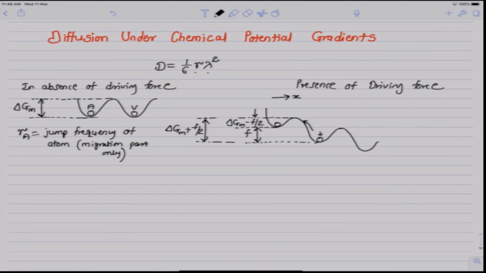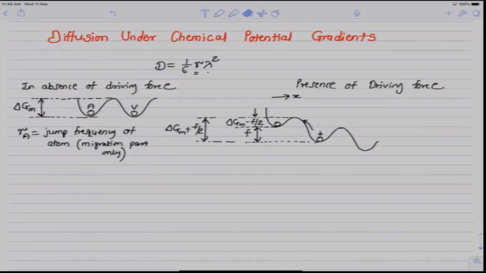As you see, the actual jump frequency gamma will have the migration part as well as the vacancy formation part. In my notation here, gamma A is the jump frequency which includes only the migration part, in the absence of any driving force. When there is a driving force present, the forward jump frequency, let us call it gamma plus, will be different from the reverse jump frequency, gamma minus.